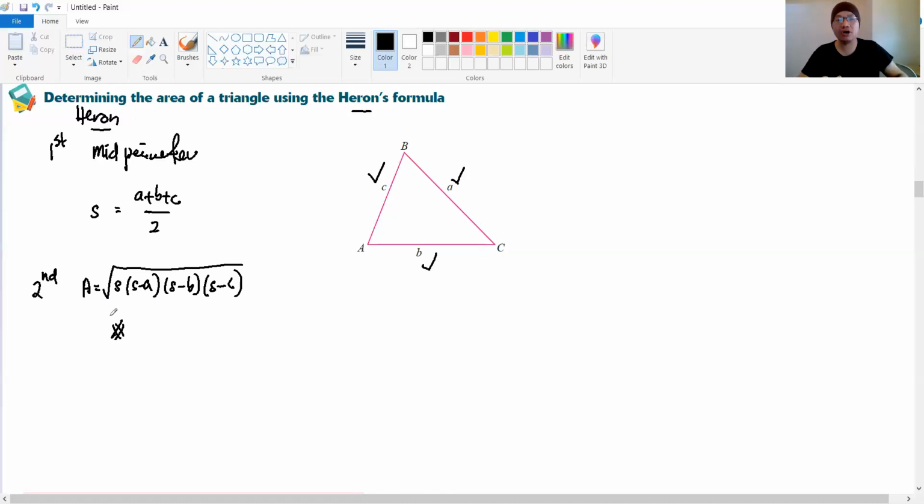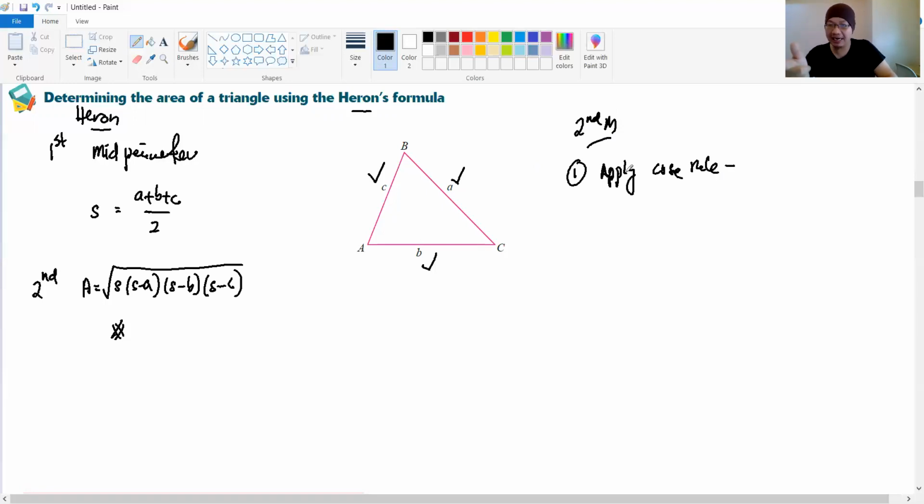How about the second method? The second method to determine the area for this kind of triangle, so there's no angle, right? The second method will be, number one, apply the Cos Rule. Why do we apply the Cos Rule?